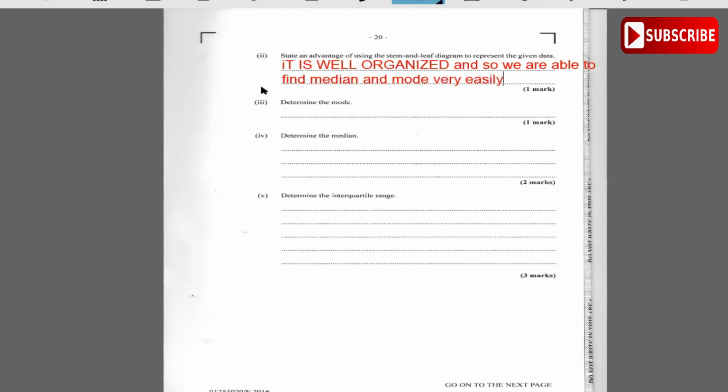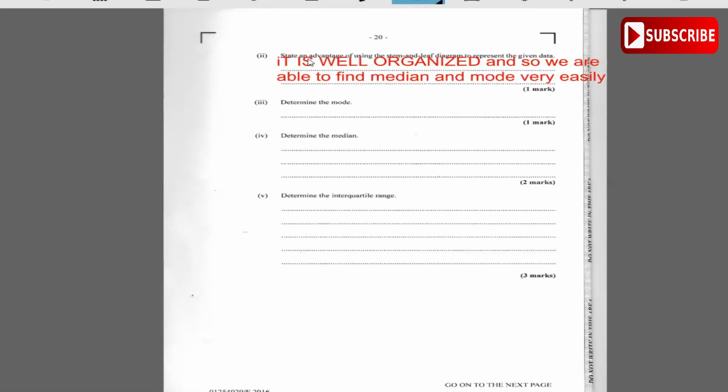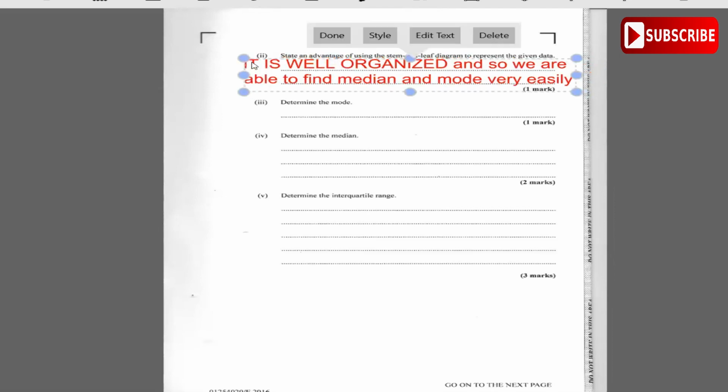That's the advantage of it, because with the stem and leaf diagram, it is easy to find the measures of central tendency known as mean, median, and mode.